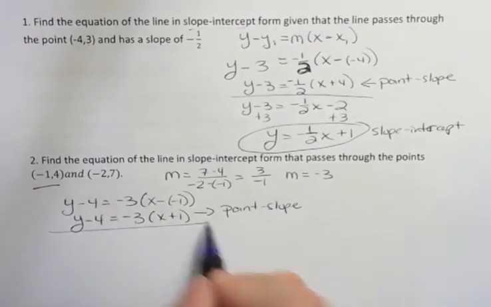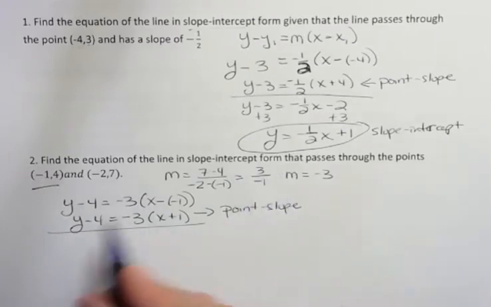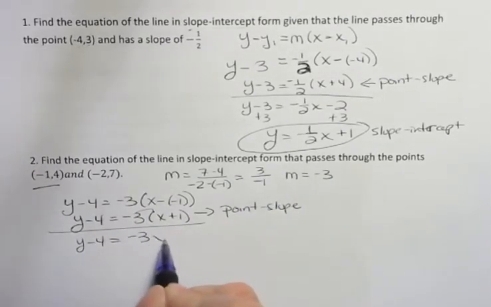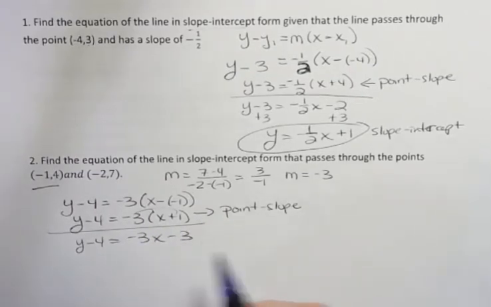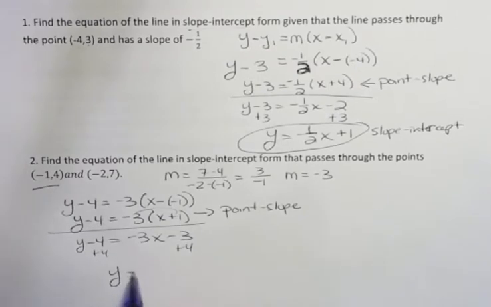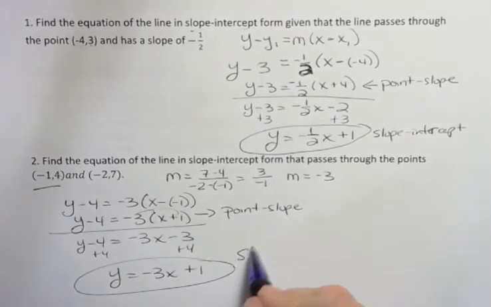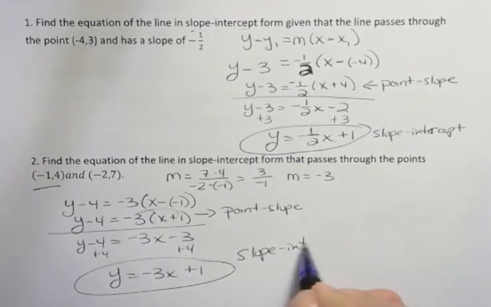Now I'm going to go on to find the slope-intercept because that's what they asked for. Negative 3x minus 3, and then I'm going to add 4 to both sides, and I get y equals negative 3x plus 1. That is my slope-intercept form.